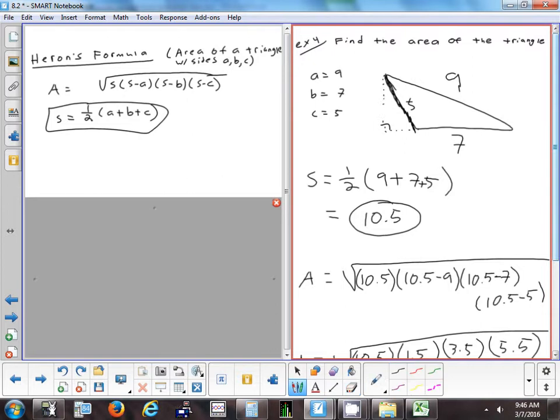You have to find that dotted line right there. That's the height. You know one side, if you could find this, but we don't know that. Well, that might be tricky to set up. You might have to call one of these sides x, and then this part right here is 7 minus x. I don't know. I'd have to think about how to go through it. I would stick with Heron's formula.